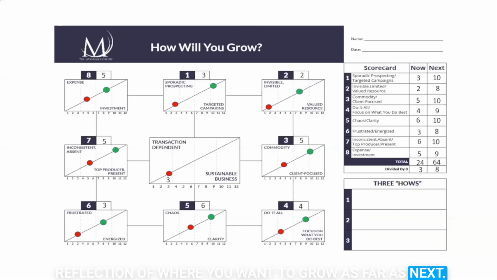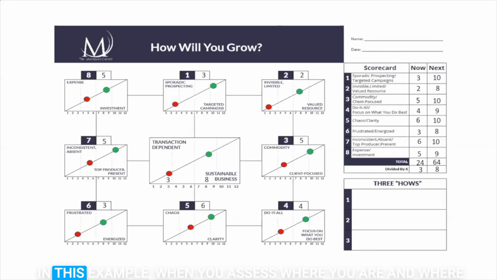As far as next, back now, let's say the average is now 8. I want to get to an 8. So back on the middle graph, put 8. Want to get to an 8. Now you'll just have your scorecard. You won't have these graphs, but I'm showing you for those that like to look at the picture side where you want to grow to.